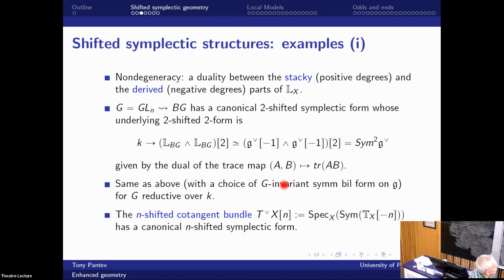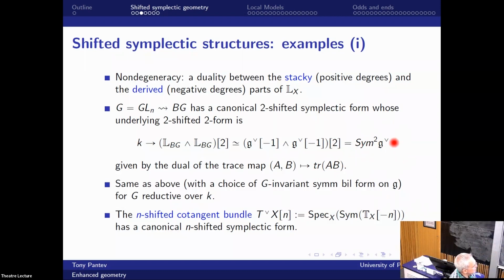And because it's sitting in homological degree 1, the wedge product becomes really a symmetric product shifted by -2, and when you shift by 2, you just get the quadratic forms on the Lie algebra. Because we are on BG, everything should be G equivariant.